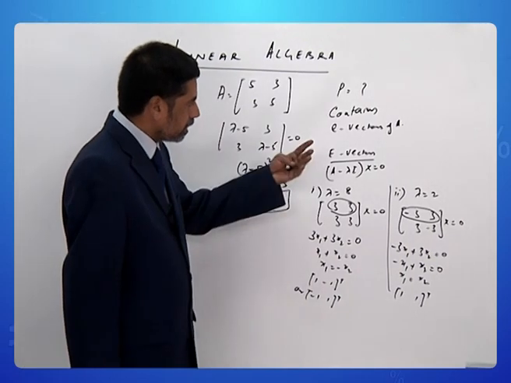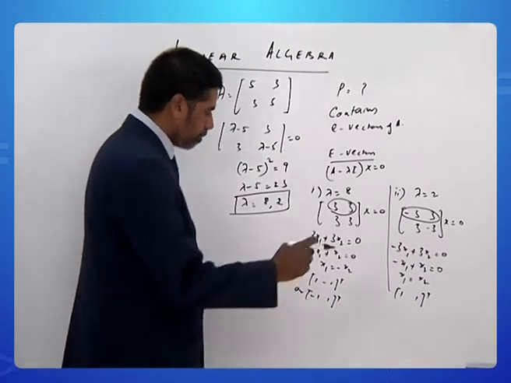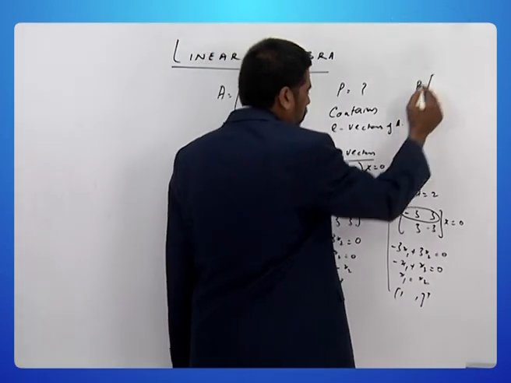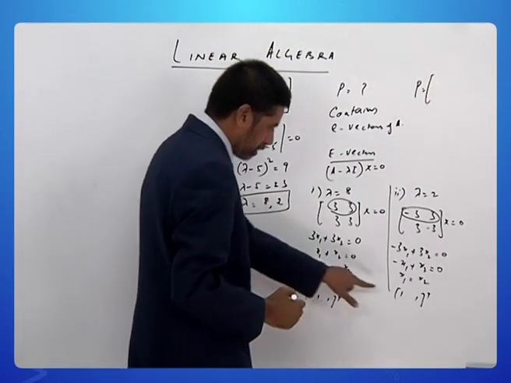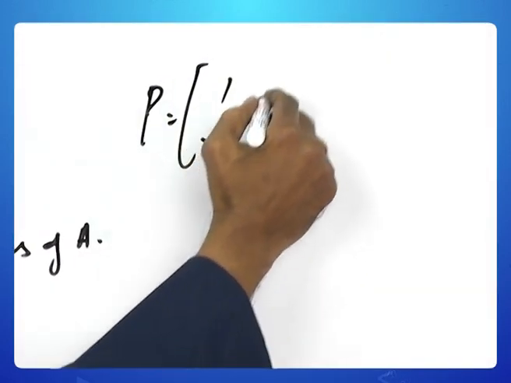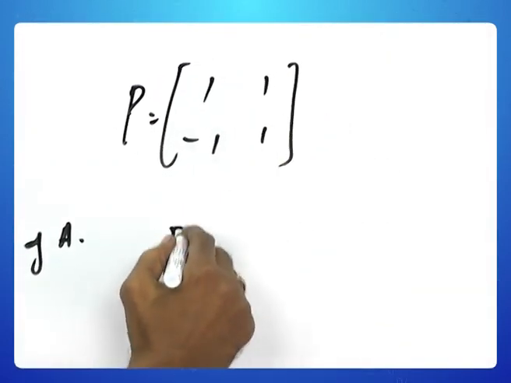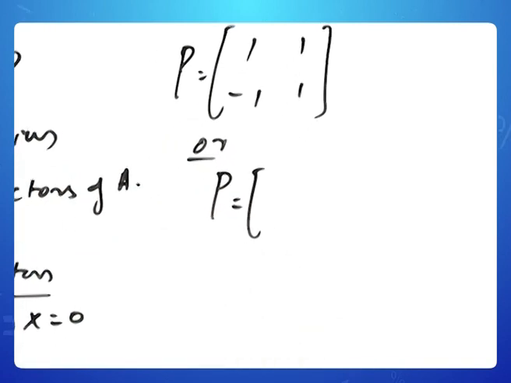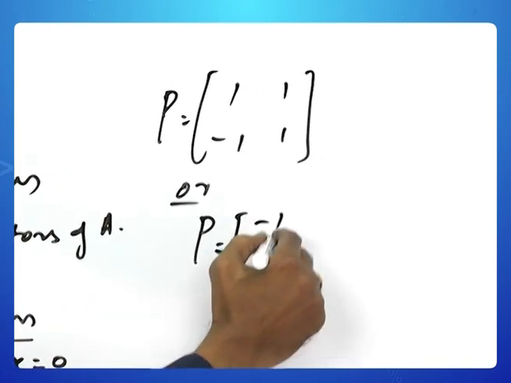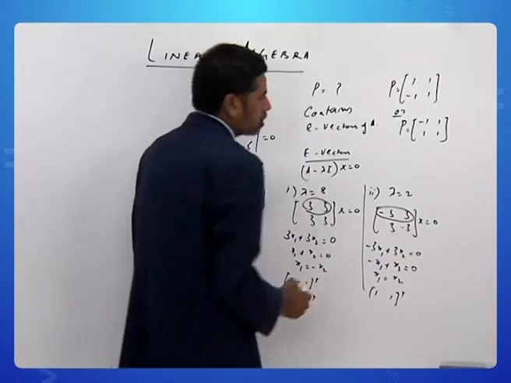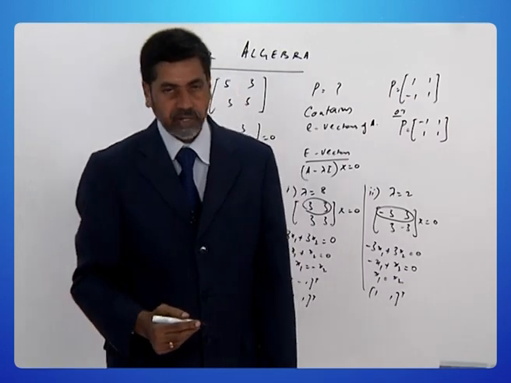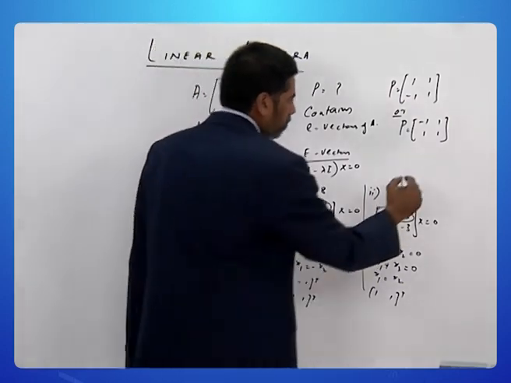So now you can build the matrix P by putting these two vectors in columns. If you choose this and this, you will get 1 minus 1 1 1. If you choose this and this, it will be minus 1 1 1 1. So both of them are accepted, but in the given list we will find that B is the correct option.